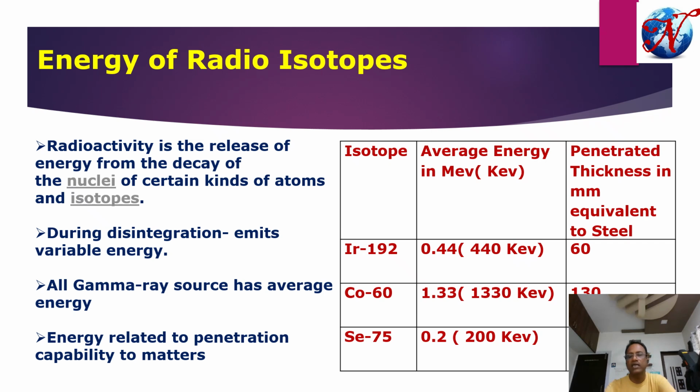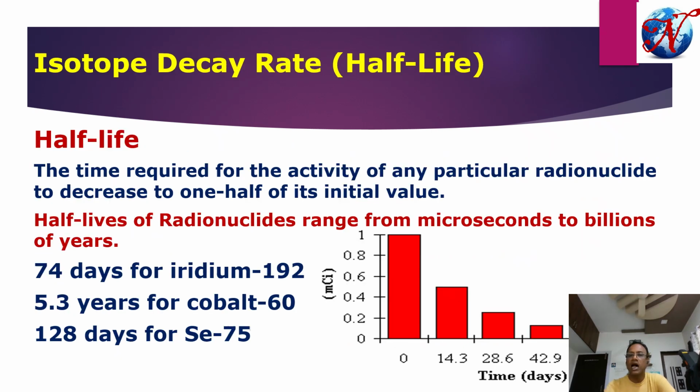In the case of cobalt, it is 1330 kiloelectron volt, and it can penetrate up to 138 millimeters of steel. And selenium has a very soft radiation, with an average energy of 200 kiloelectron volt, and it can penetrate up to 30 millimeters of thickness.